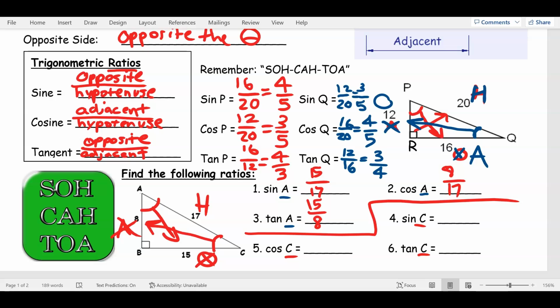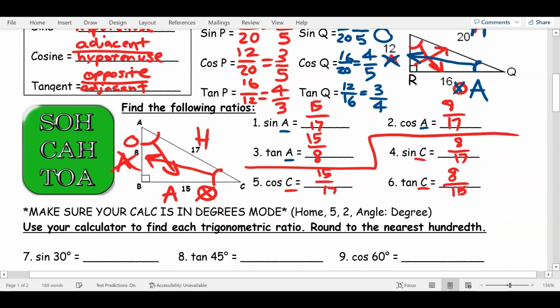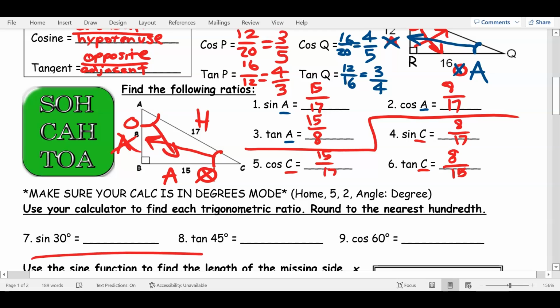So your new O is 8, your A is 15. Sine is O over H, 8 over 17. Cosine is A over H, 15 over 17. And then tangent of C is O over A, 8 over 15. Now, tomorrow we'll go over how to type it in the calculator, and we'll go from there. All right?